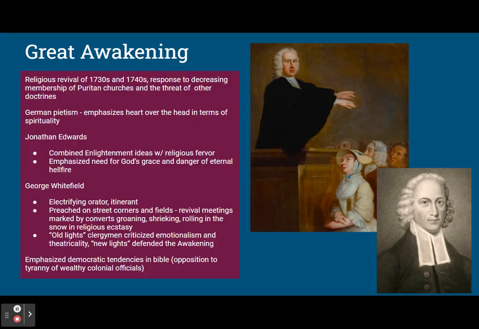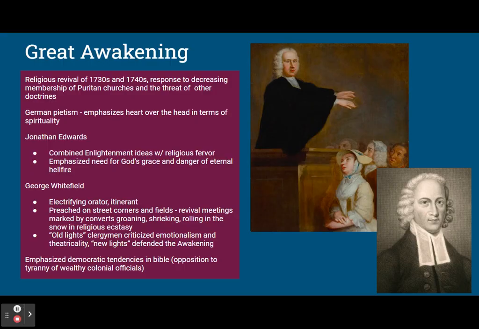And he also really emphasized the danger of eternal hellfire. He gave these very fiery speeches saying that the only thing that was protecting human beings was God's decision to protect us. And he gave these very lurid sermons about what could happen if God chose not to care for us. His most famous sermon was called Sinners in the Hands of an Angry God.